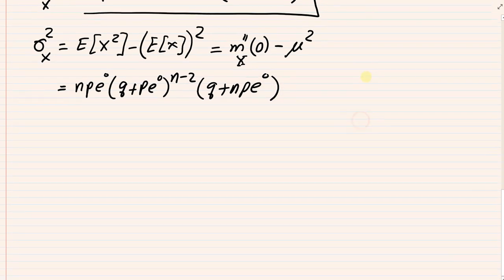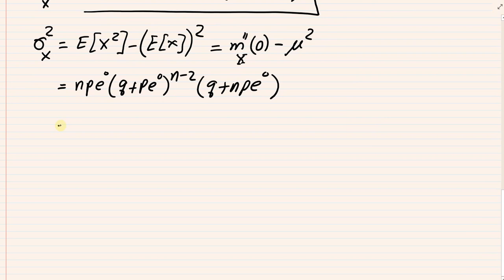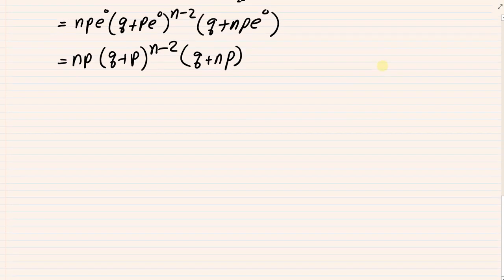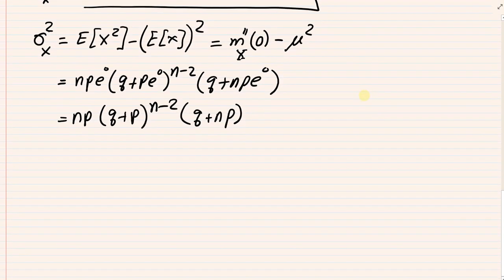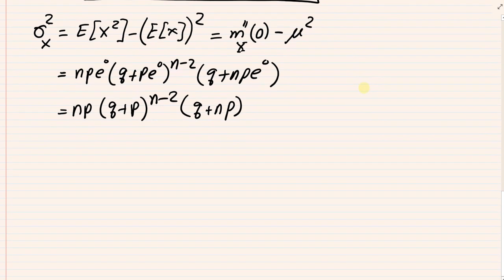Okay, and then after this, e to 0 is 1, so this is simply going to become q plus p to the n minus 2, and then q plus np. Okay, and we can still simplify this one.